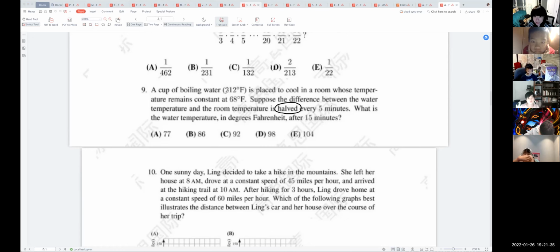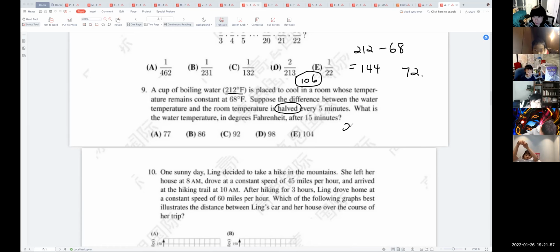It's not like 212 suddenly becomes 106, okay? That's not what it means. The difference between water temperature and room temperature. So before, it is 212 minus 68, right? So the answer is 144. Right? So the half of it is 72. So that means 5 minutes later is 212 minus 72 equals 140 degrees.